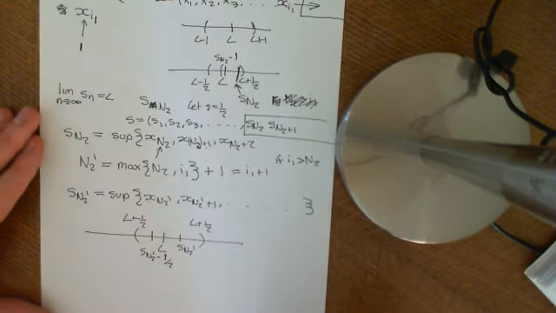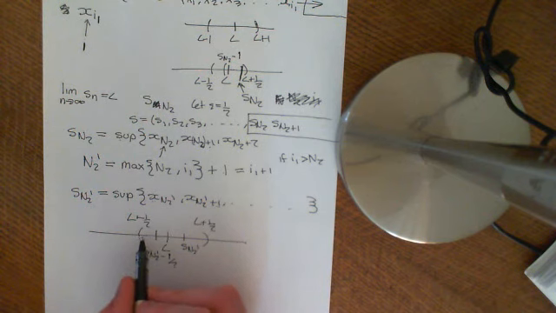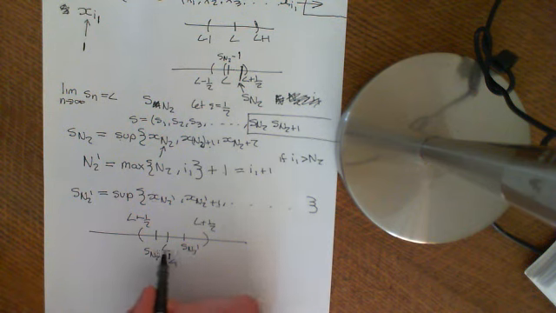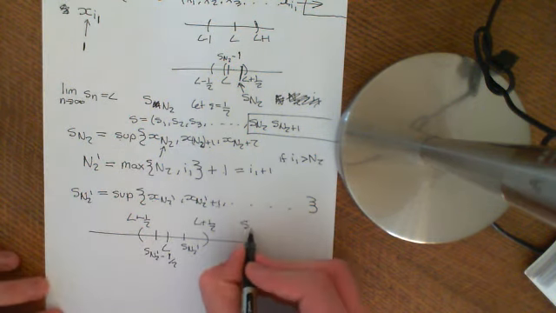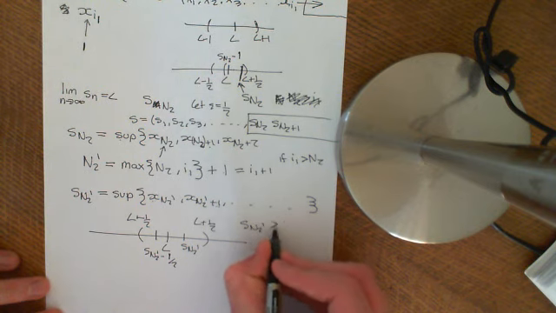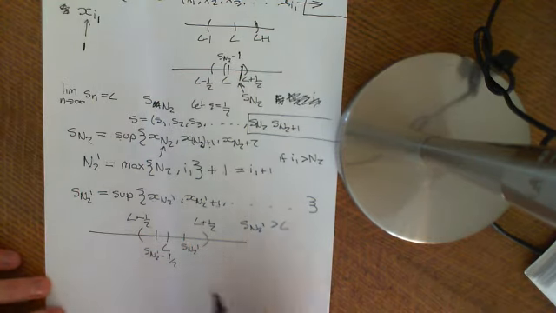That is still going to be completely contained within this interval, because Sn2 prime is to the right of L, so it's bigger than L. Therefore, when you take a half away from it, that is still going to be greater than L minus a half. So this is going to be completely contained within this interval, basically.